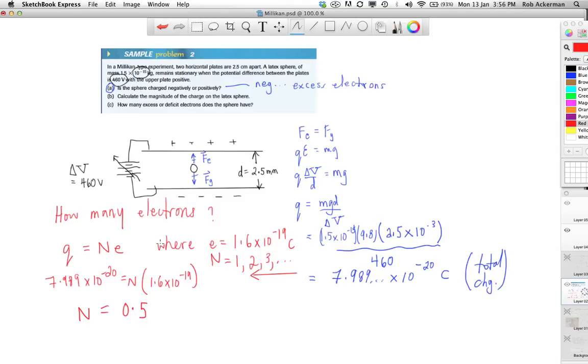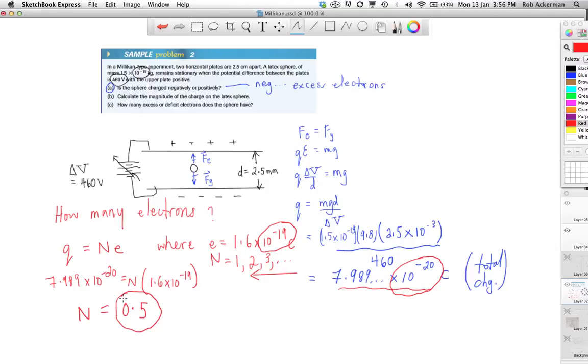You can't have that. Now, when I ran this number over here, I immediately noticed that the total charge on the droplet was less than the charge on one electron, so right away I knew something was wrong, and I almost corrected myself, but I thought, you know what, I'll show you how you sometimes go through a problem without catching a mistake until you get to the end, and now you know something's wrong.